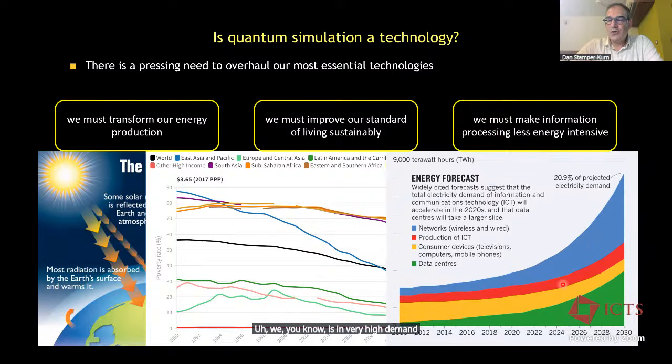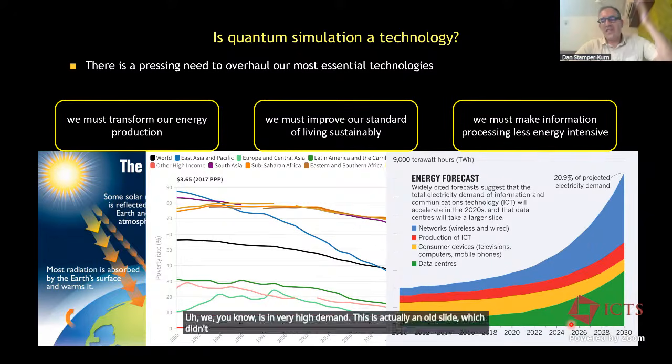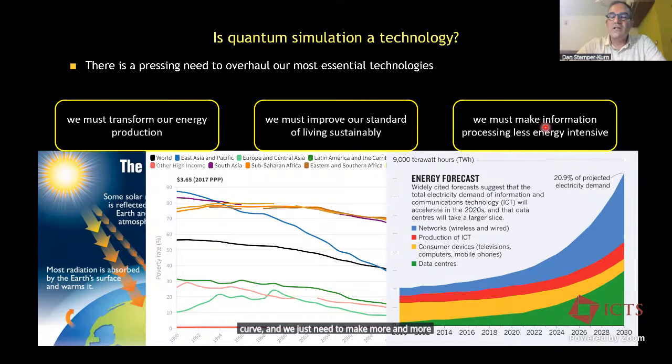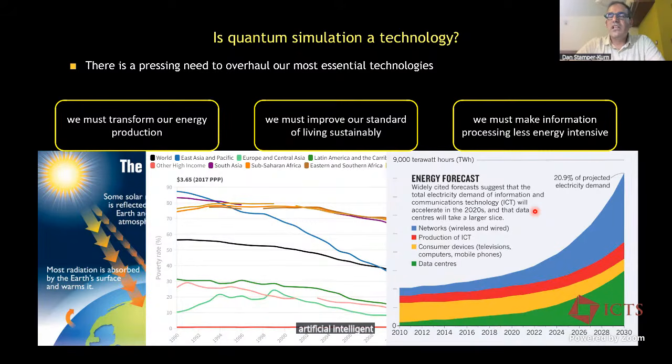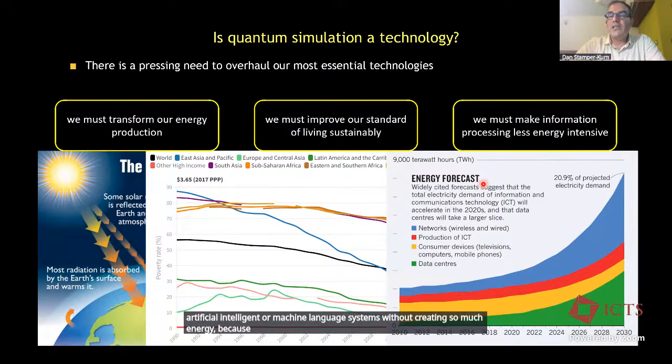And then we also face this really looming problem that energy is in very high demand. This is actually an old slide which didn't realize that artificial intelligence was going to completely break this curve, and we just need to make more and more energy. We need to process more and more information, let's say in these artificial intelligence or machine learning systems, without creating so much energy, because we just don't have that much energy around.